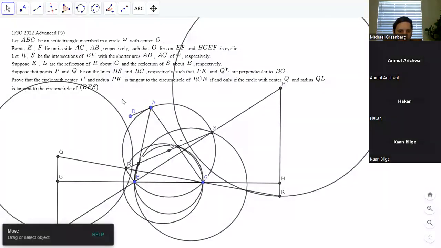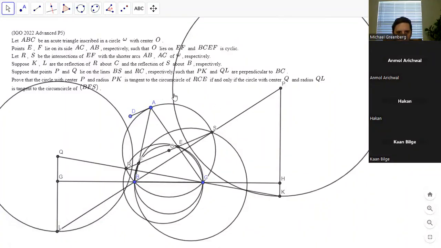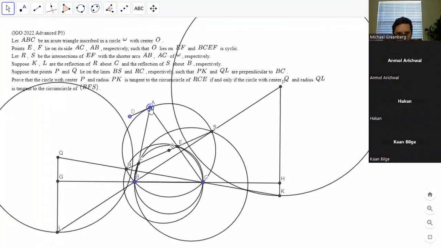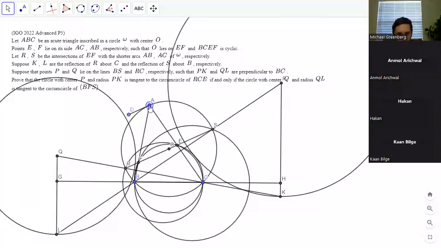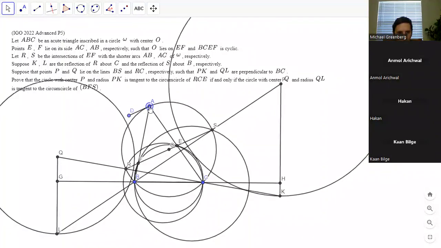So what are they saying? So this circle with center P and radius PK is tangent to RCE. It looks like right about here it's tangent, but these are not yet tangent.